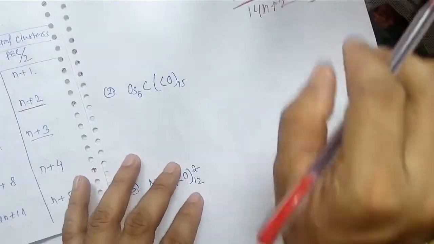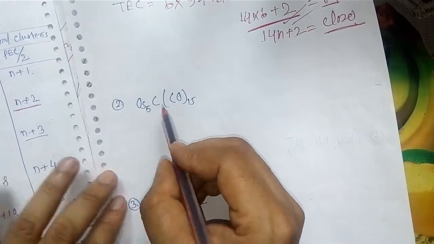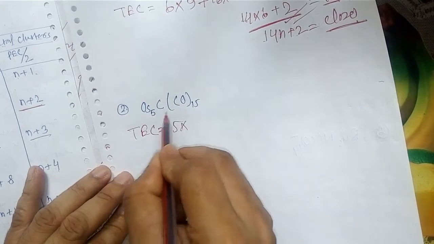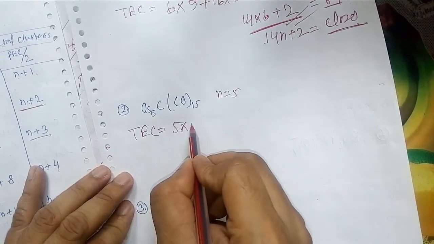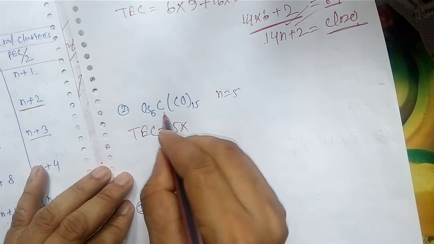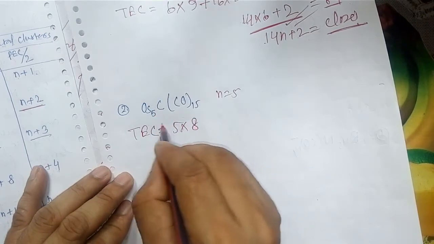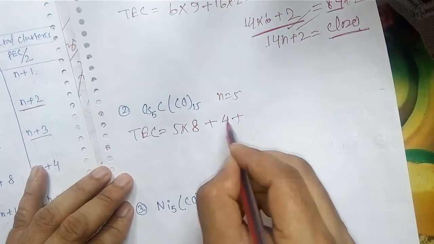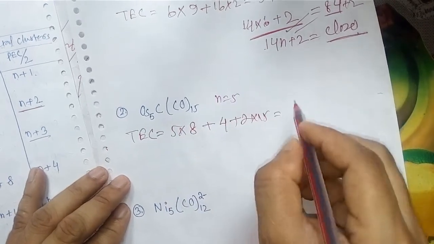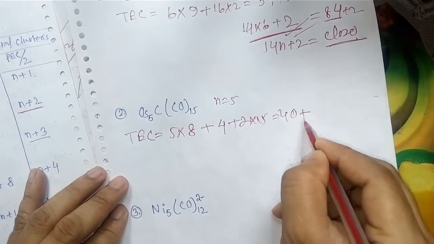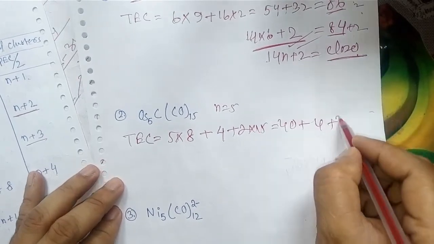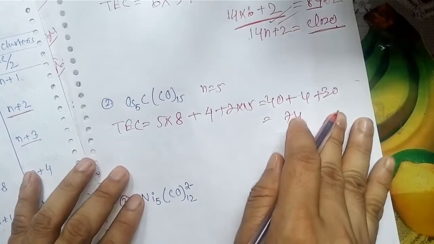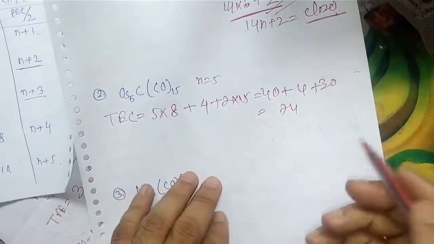Next, this is osmium. Again total electron count: the n value here is 5. Osmium's valence electron is 8, so 5 into 8 is 40, plus carbon 4, and 2 into 15 is 30, so the total is 74.